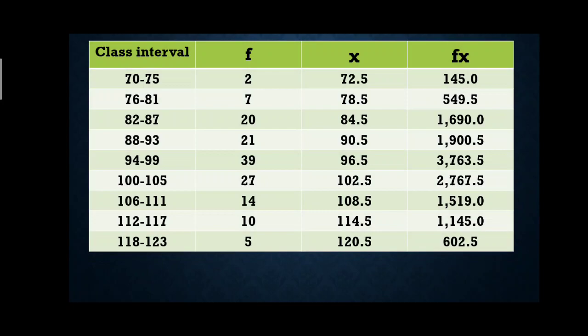So how to get the x? We have two ways on how to get the x. Since we have 70, 71, 72, 73, 74, 75, we have 6 numbers or 6 data. 6 is an even number, so get the mean of the two middle numbers, 72 and 73.